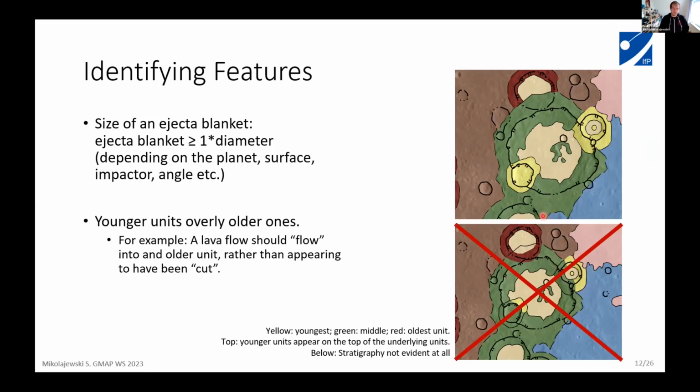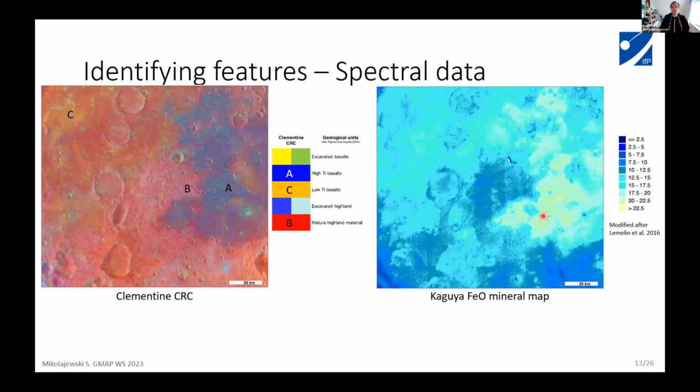And as we heard in the talk before by Francesca, when it comes to identifying features, we also use spectral data. We saw the Clementine color ratio composite, where blue is related to high titanium basalts, this reddish hue is related to mature highland material, and this orange hue up here is related to low titanium basalts.